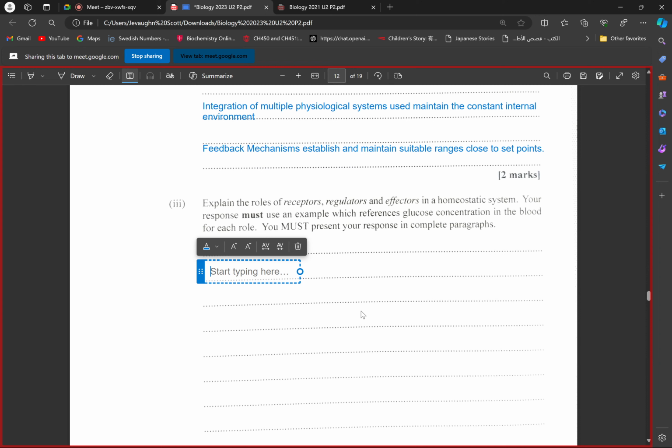Okay, so looking at the receptors, we know we're going to have specific cells, so they're going to be glucose receptors. What are the main receptors within the glucose regulation? What detects it? Liver cells?